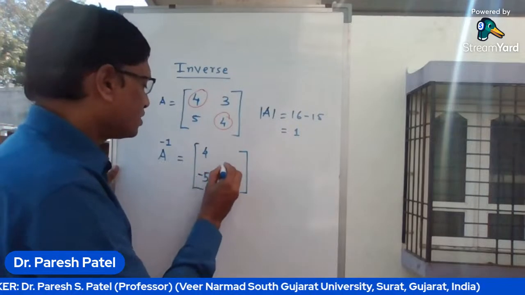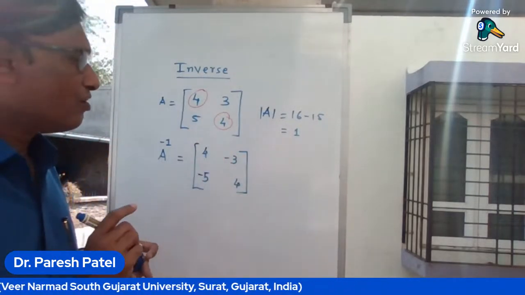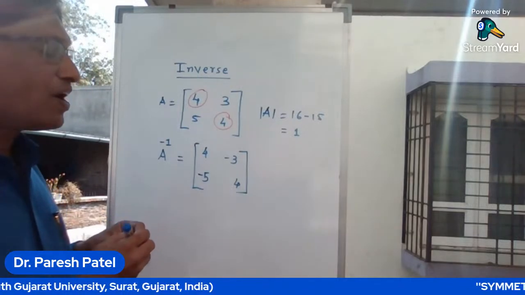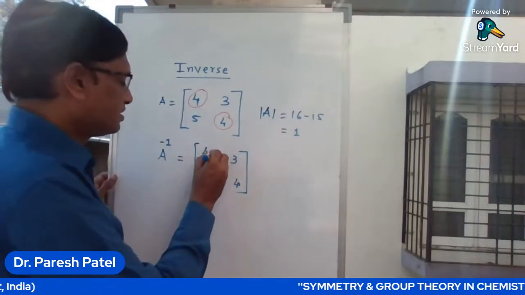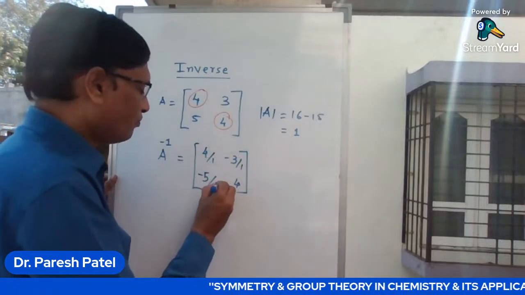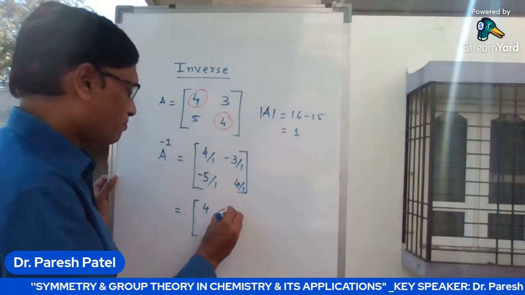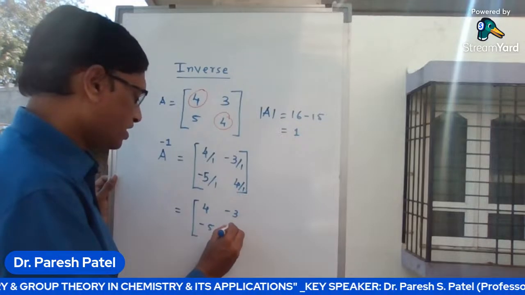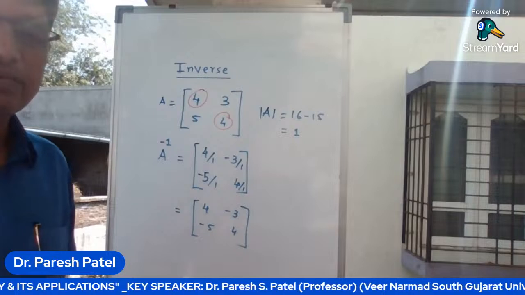It means minus 5, minus 3. This is the third step. And the fourth step, divide each element of the matrix by the determinant of this matrix. So 1, 1, 1, 1. So after all, 4, minus 3, minus 5 and 4. So this is the inverse for the two-dimensional matrix.